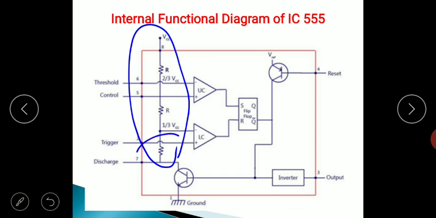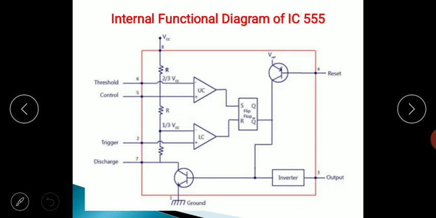Across this resistor we get 1/3 of VCC, across this resistor we get 2/3 of VCC, and here we get full VCC. These 3 resistors are used to form the voltage divider.